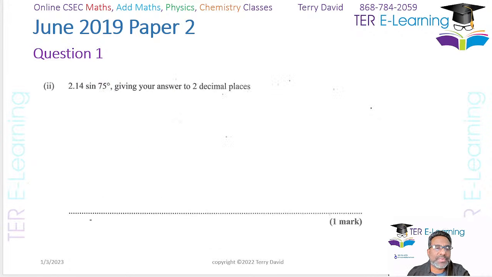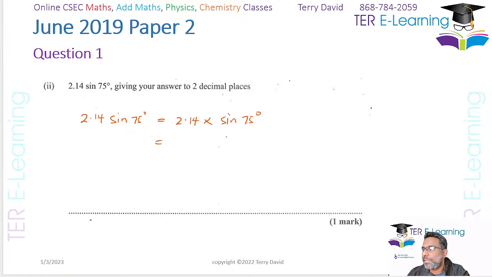Part B, we have 2.14 multiplied by sine 75. Again, we have to use a calculator for this as well. That's the same as saying 2.14 multiplied by sine 75 degrees. What they expect us to do here is to use a calculator, work out the exact value, and then give our answer to 2 decimal places.